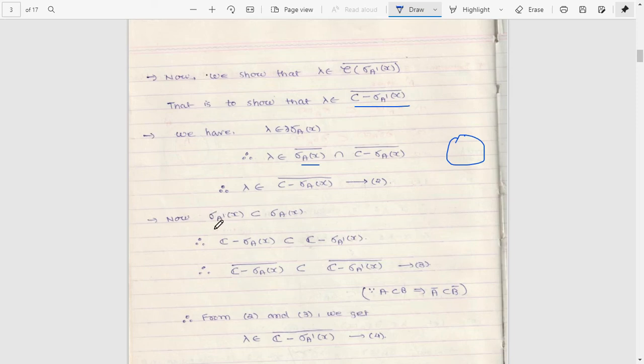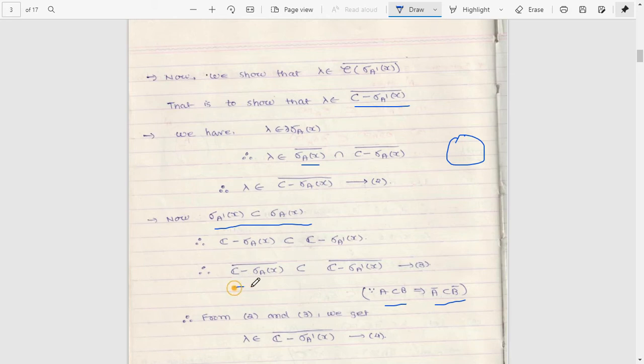Now sigma A dash of x is a subset of sigma A of x. So C minus sigma A of x is a subset of C minus sigma A dash of x. Now take its closure, because A is a subset of B implies A closure is a subset of B closure.